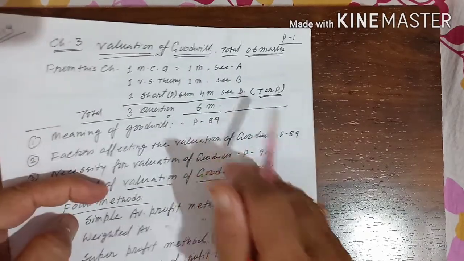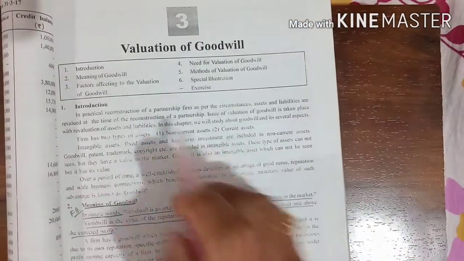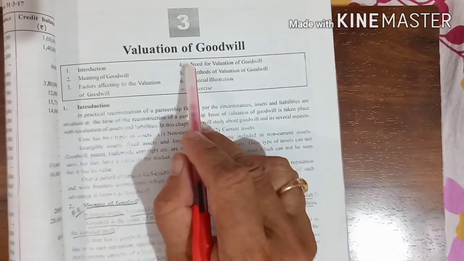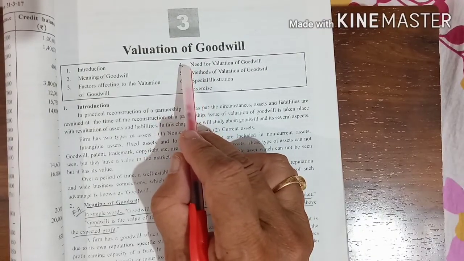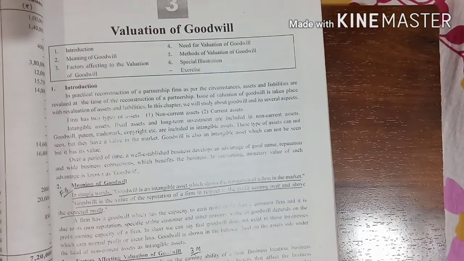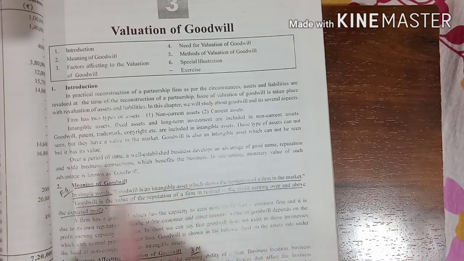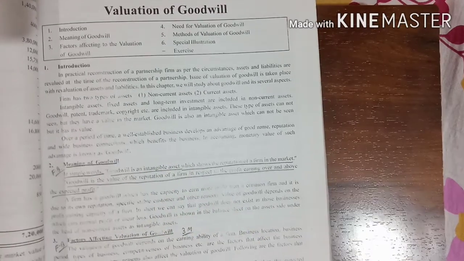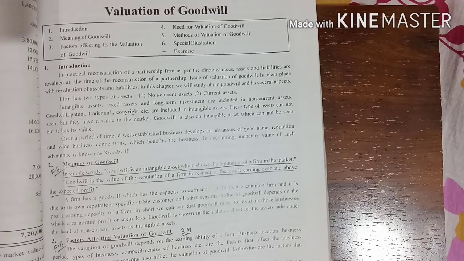Now let me say what goodwill is. In this chapter you are going to learn how to calculate the amount of goodwill. But before that, let me explain what goodwill is. Many times you have heard the word goodwill from your teacher. While doing the final accounts, you also saw goodwill written on the asset side of the balance sheet as the first item.